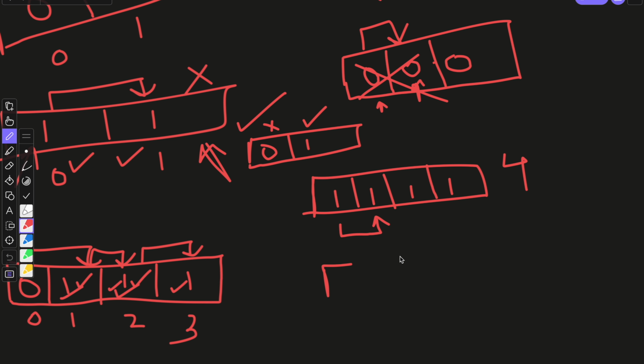But if here is a 0 and here is a 1, and then a 1, and then a 1, okay, this player will fight with this player and we can conclude that player 1 wins.